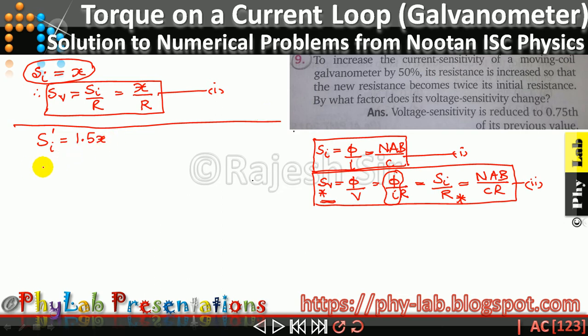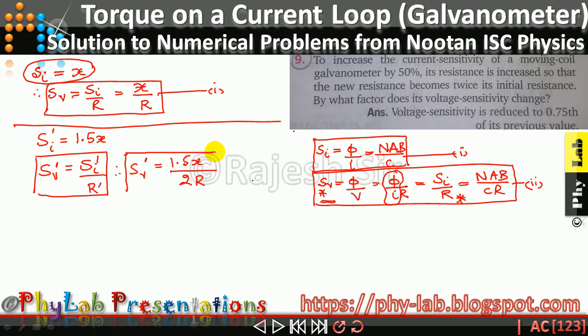So now my new voltage sensitivity will be SI dash upon R dash, which is the relationship between the current sensitivity and the voltage sensitivity. Therefore the new voltage sensitivity is 1.5 times the original current sensitivity upon the new resistance, which is double the initial resistance.